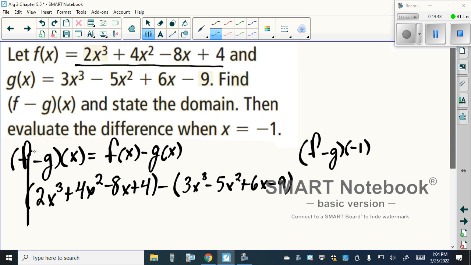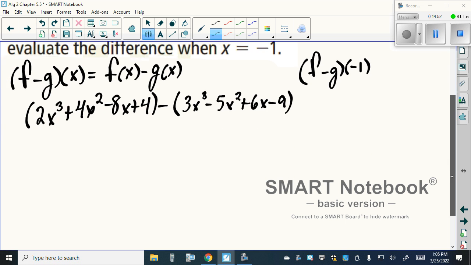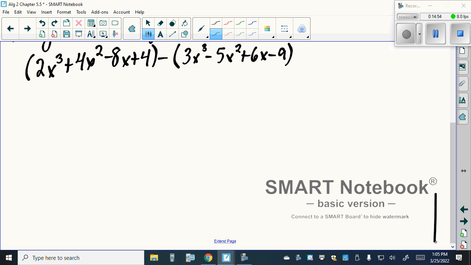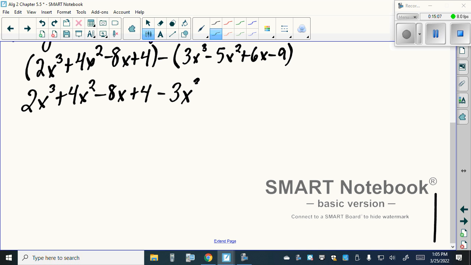But it's sometimes helpful to rewrite it. Now the first function will stay the same, but our second function, all the signs are going to change because of our subtraction.